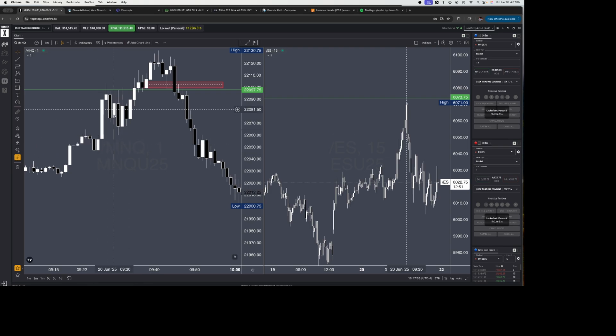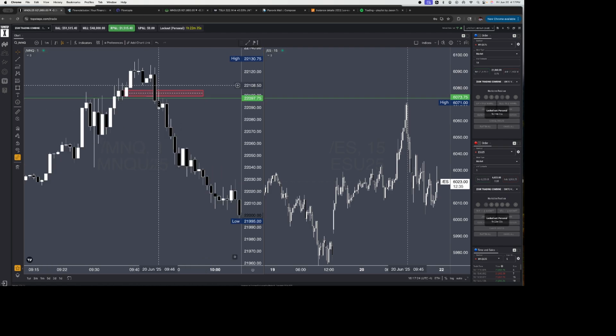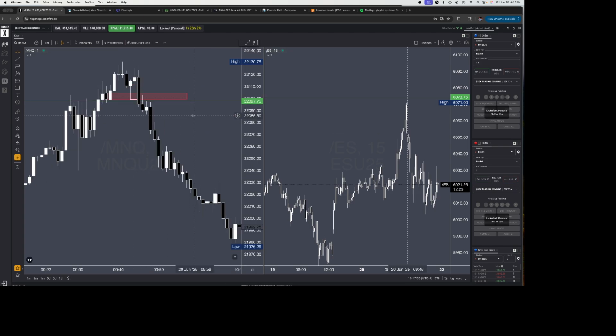The reason I didn't was because we were so close to this line that I thought, man, I'm going to wait and see if ES closes above this. A lot of times I would have taken this. It would have come out and I would have gotten stopped at a break even, and then would have maybe taken it the other way. Or if I would have been cognizant enough to see the SMT and this reversal, I would have taken the short. But there's obviously a lot that goes into it.